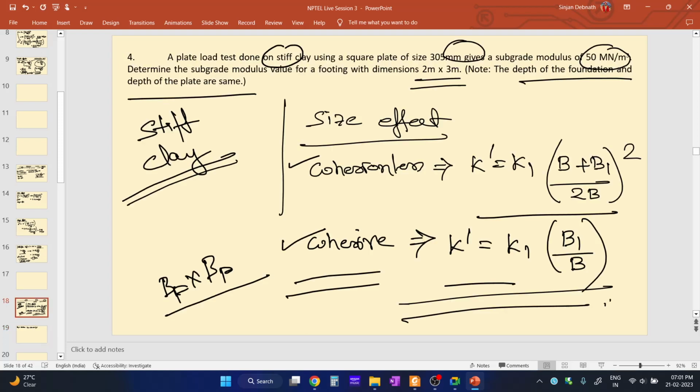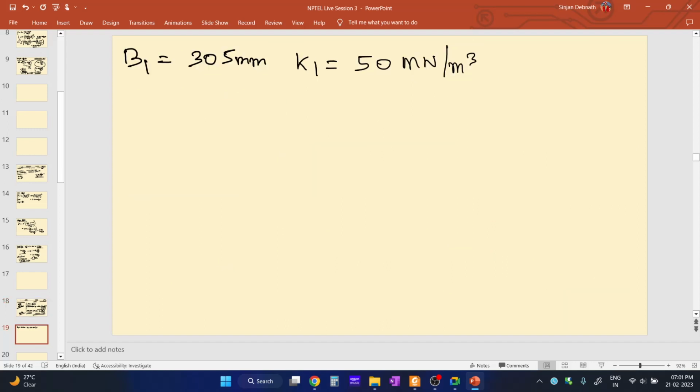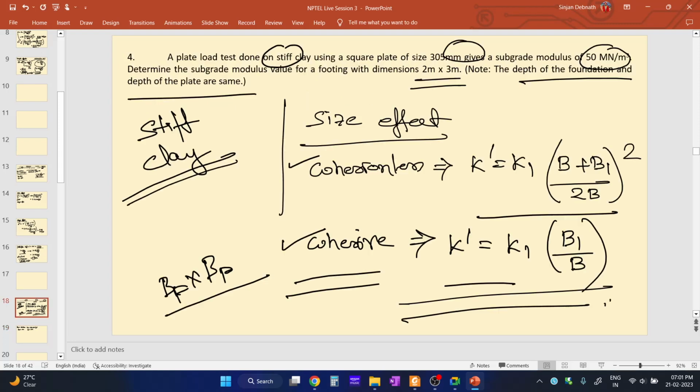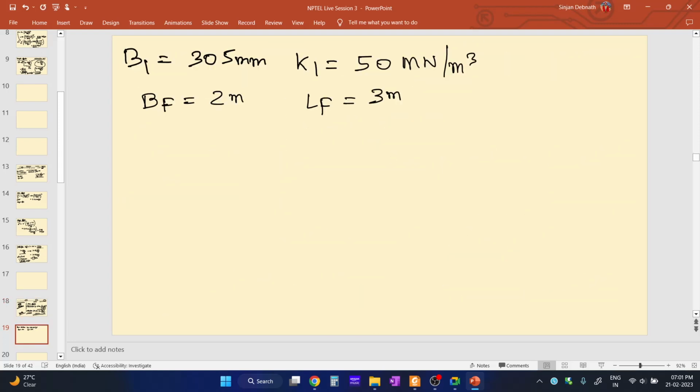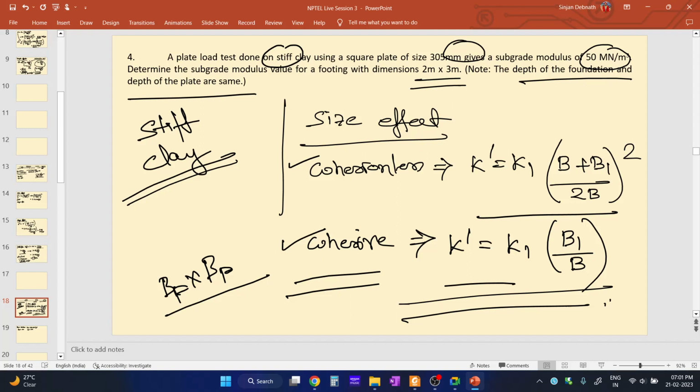Fine. What are the other things? The size of the footing is 2 meter by 3 meter. The breadth is 2 meter, and the length of the footing is 3 meter, right? So now first of all, let us incorporate the size effect.